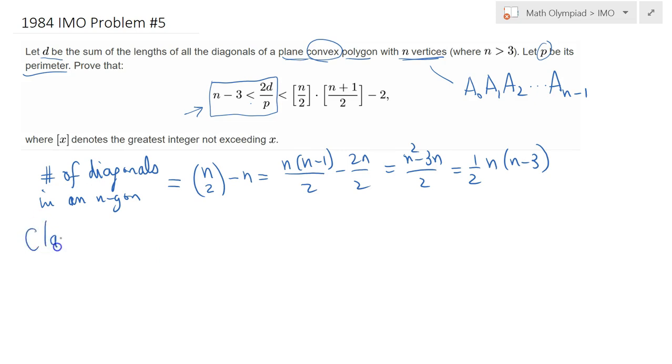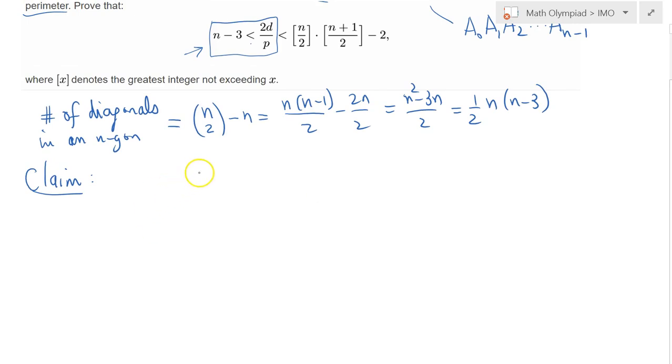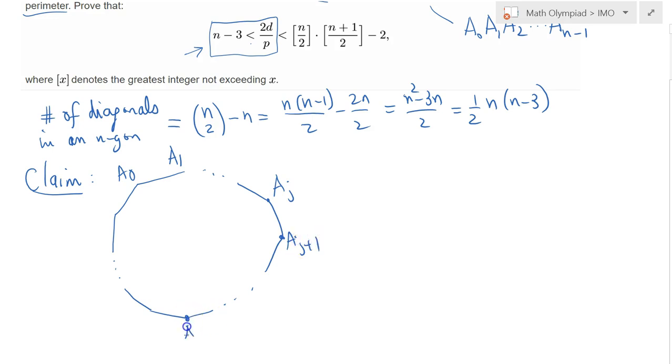I want to prove next the following claim. If you have a convex polygon, let's say this is vertex 0, vertex 1, which we decided to call A0, A1, and let's call this one A sub j, this one A sub j plus 1, this one A sub k, and this one A sub k plus 1, and so on. Now the claim is the following.